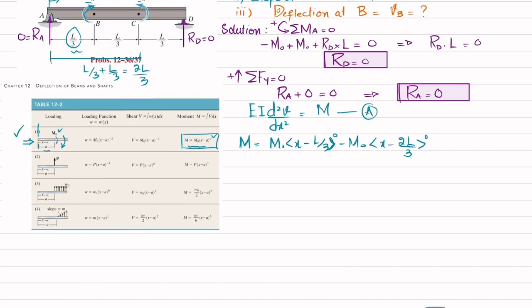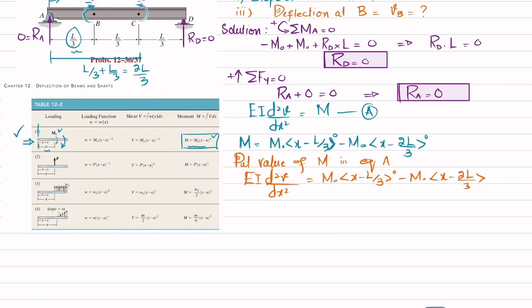Let this be equation number A. So put the value of M in equation A. So you will get EI into d square V over dx square will be equal to M naught into x minus L by 3 power 0 minus M naught into x minus 2L by 3 power 0.